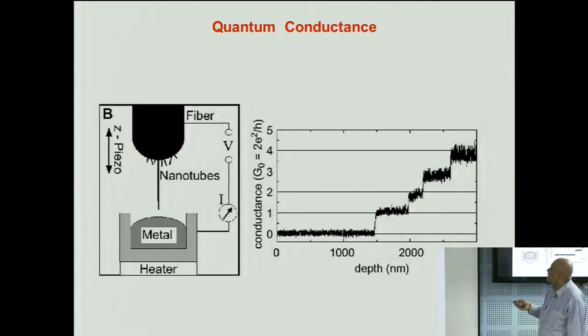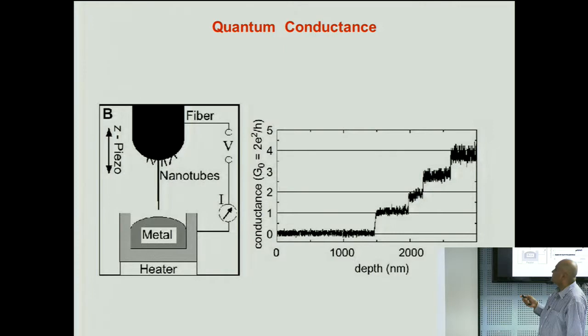What about the quantum conductance? Quantum conductance means, normally when you use Ohm's law, as you change the voltage, as you increase the voltage you get more current and the current goes up linearly.